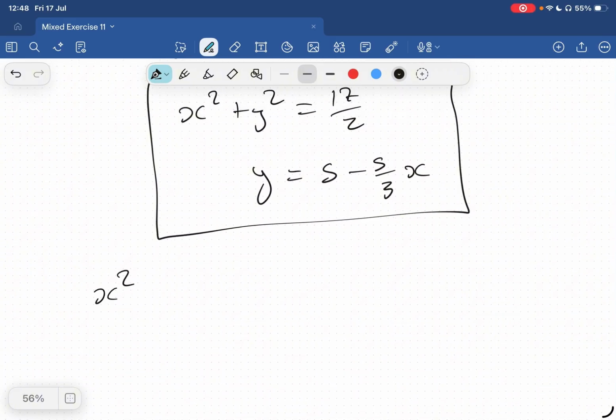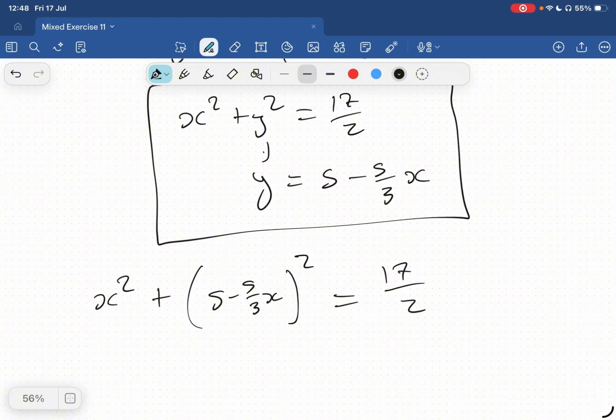So x squared plus (5 minus 5/3 x) squared equals 17 over 2. We just subbed in y.